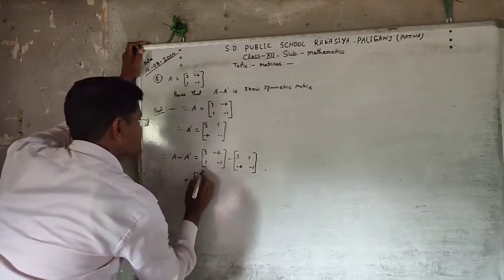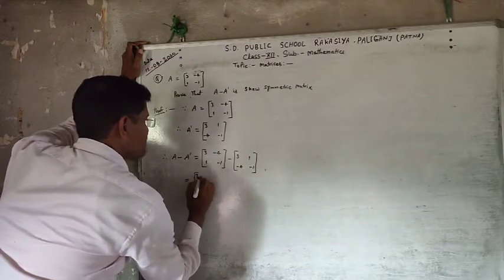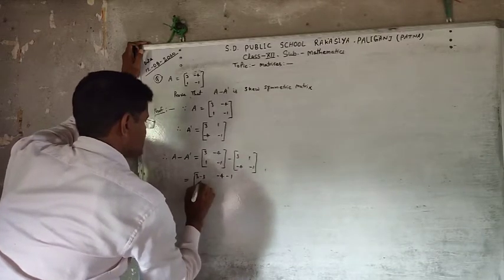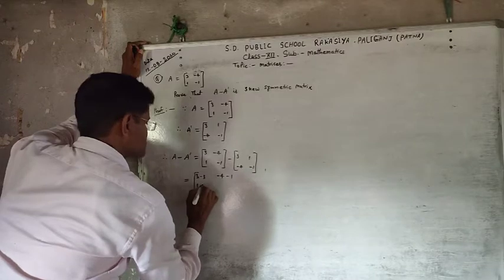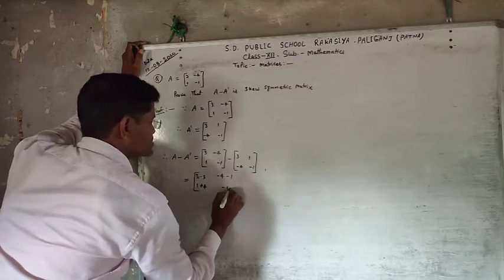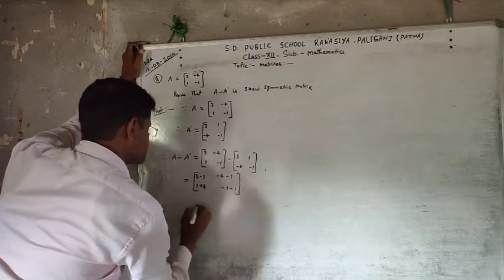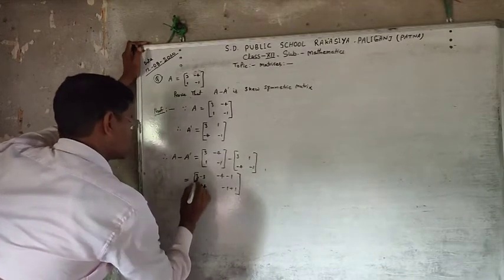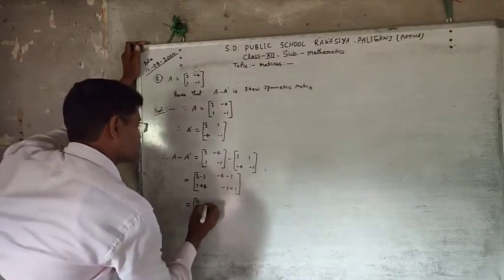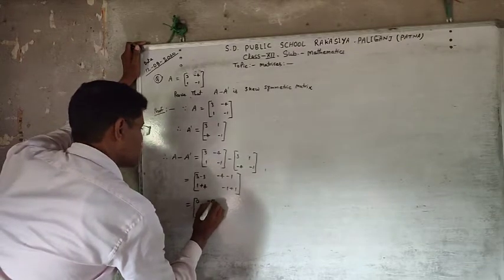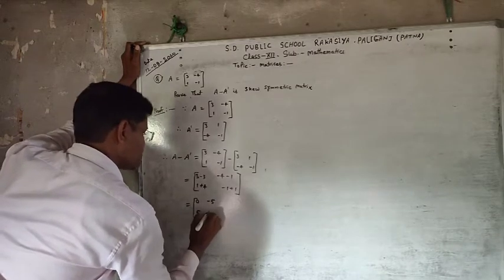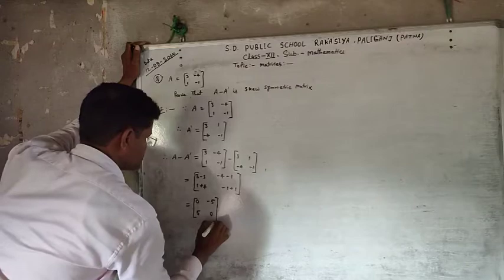We subtract: 3 minus 3, minus 4 minus 1, 1 minus minus 4 which is plus 4, and minus 1 minus minus 1 which is plus 1. It is equal to 3 minus 3 is 0, and minus 4 minus 1 is minus 5, 1 plus 4 equals 5, and minus 1 plus 1 is also 0.